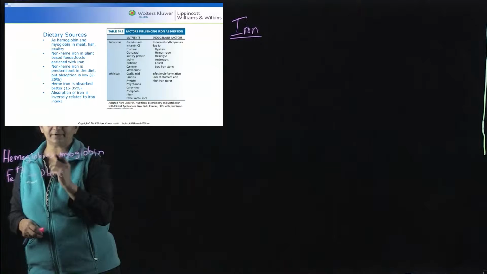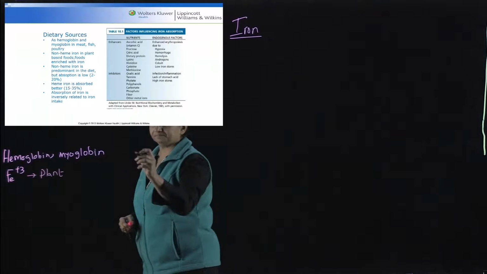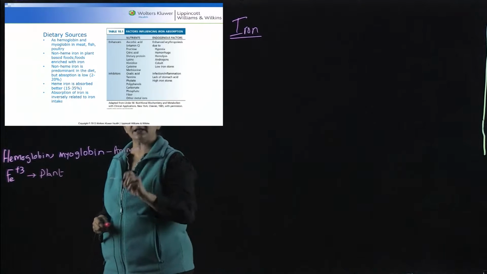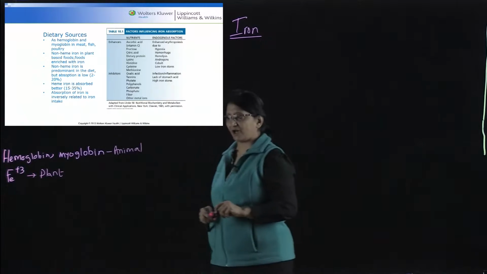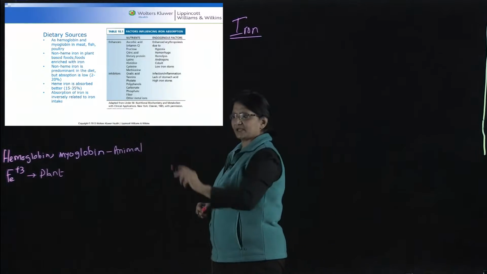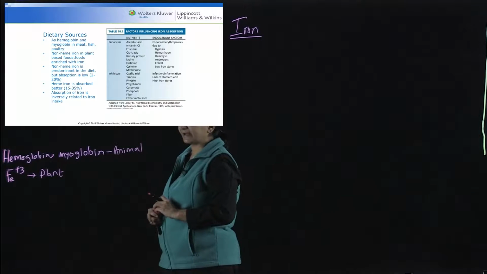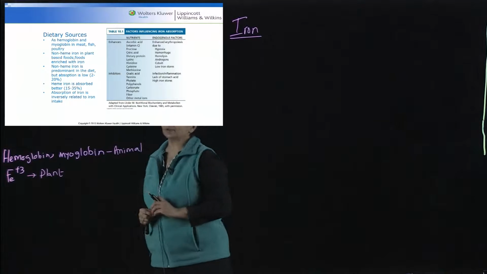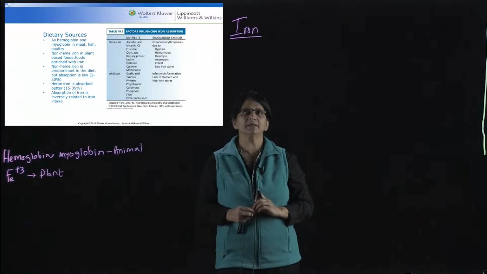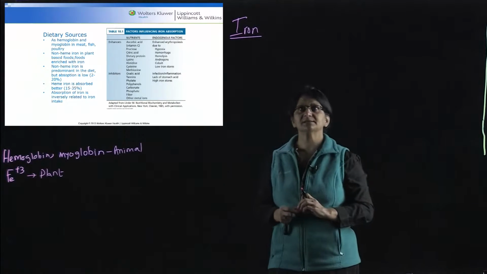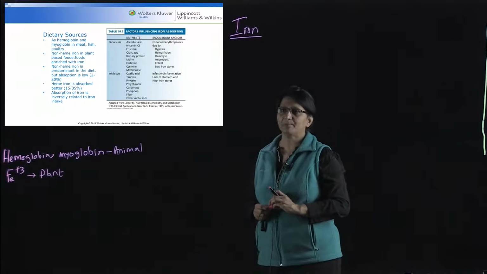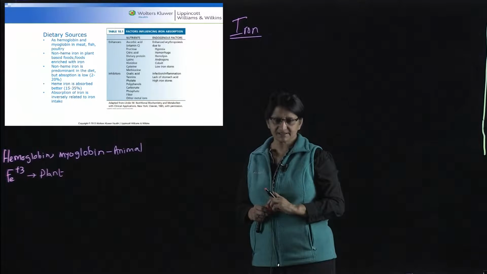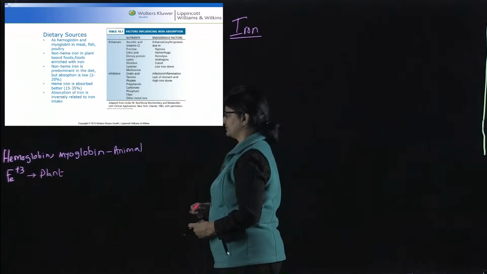And for example, we all know that dark green leafy vegetables are rich sources of iron, and that would be in that ferric form in general. So if you look at both of these types of iron, then the heme iron is absorbed much better compared to the iron that comes from plant-based foods. And you can see the numbers right there.